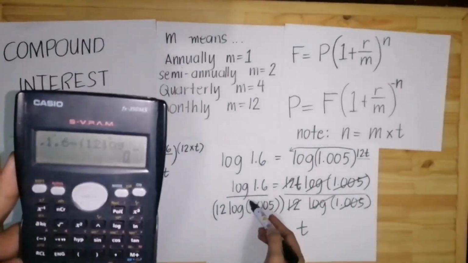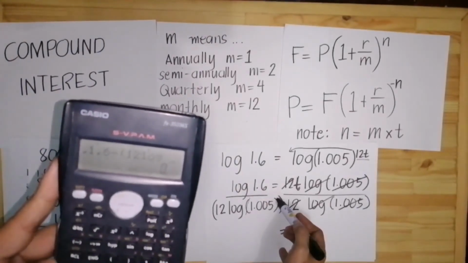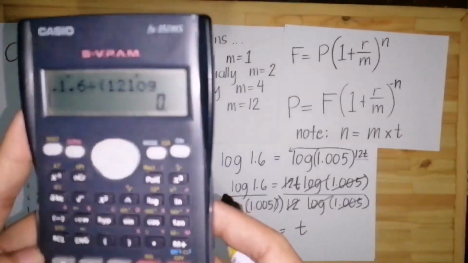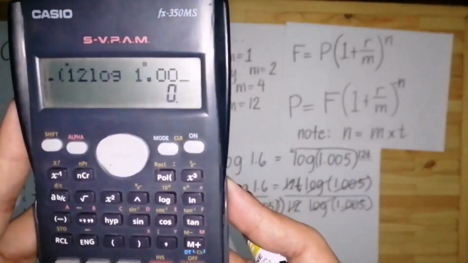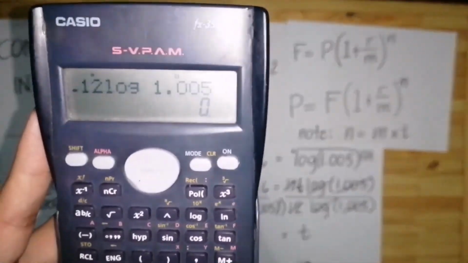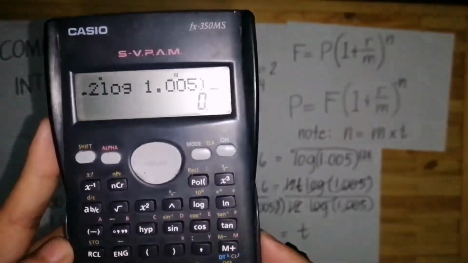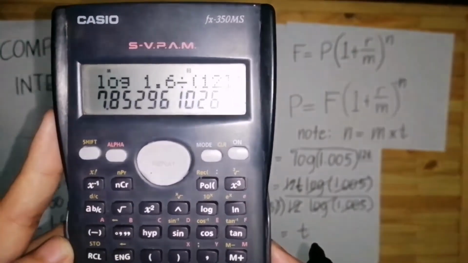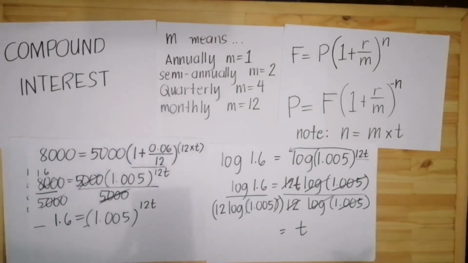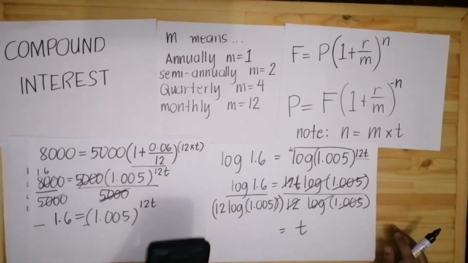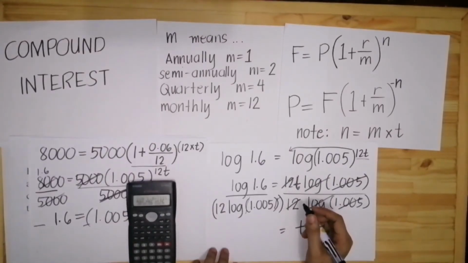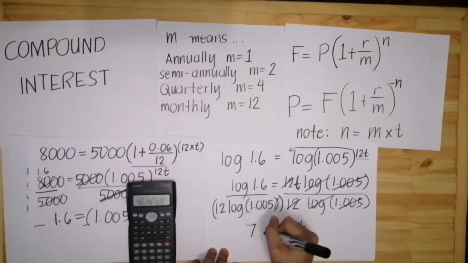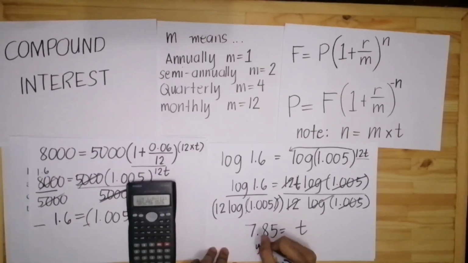Pwedeng tanggalin mo na itong parenthesis na to, diretso ka ng 1.005, then tsaka ka mag close parenthesis para hindi masyadong marami yung parenthesis. Okay, so equal sign mo lang. The answer would be 7.85. So that is the time, 7.85 years.